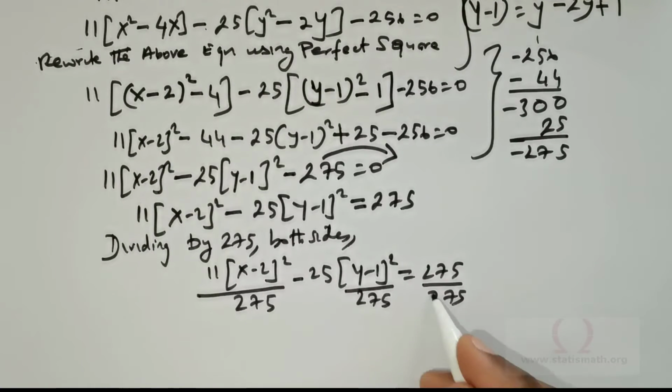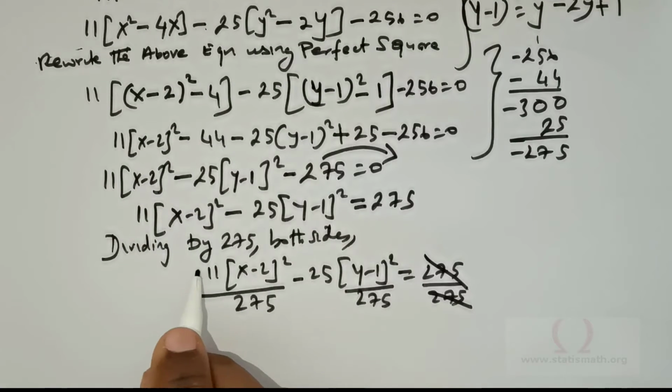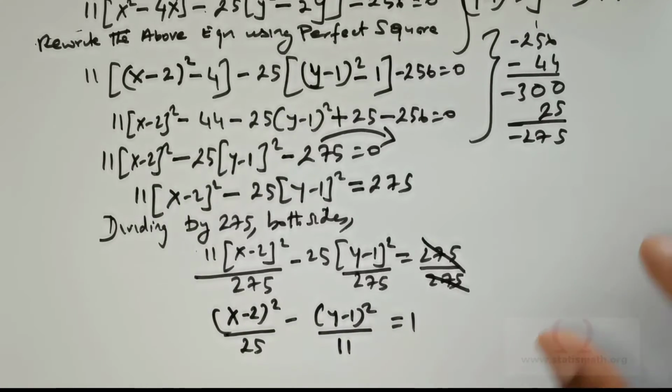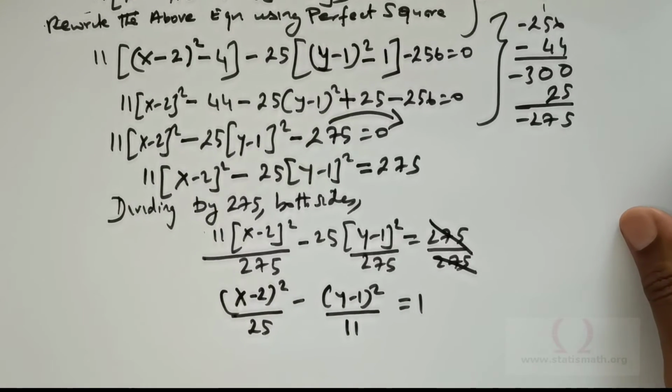This can be cancelled, giving me 1. 11 divides 275 25 times, so I'm writing x negative 2 raised to the power 2 divided by 25. 25 divides 275 11 times, so I'm going to write y negative 1 raised to the power 2 divided by 11 is equal to 1. So this is the form of the hyperbola. This is a beautiful form that we have got.